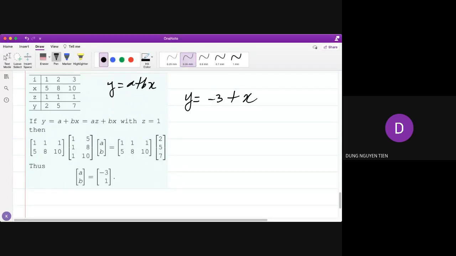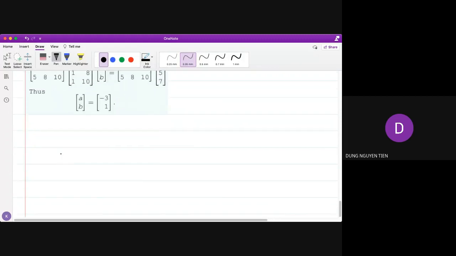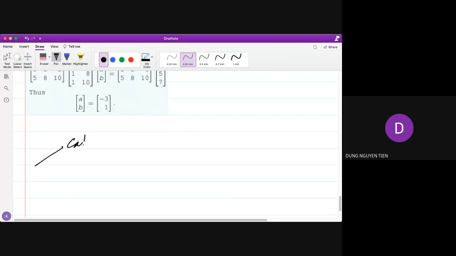So there are two ways that you can use to determine the coefficients, right? You can use calculus to minimize the function, to minimize the error, right?